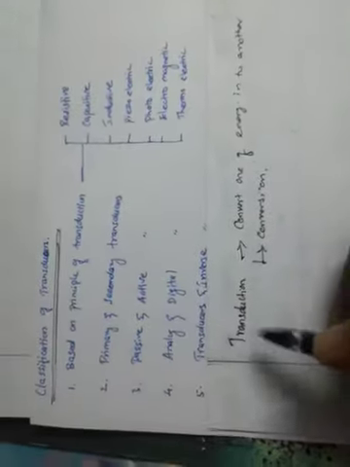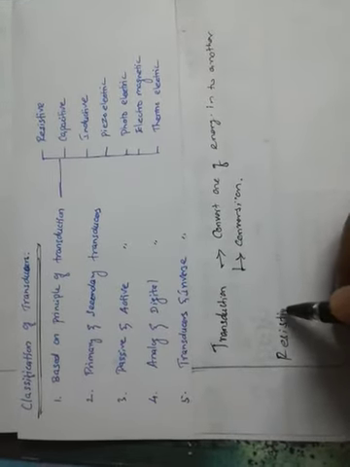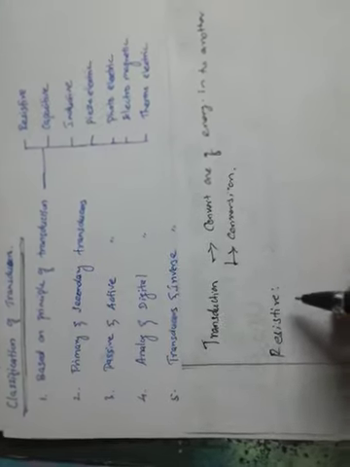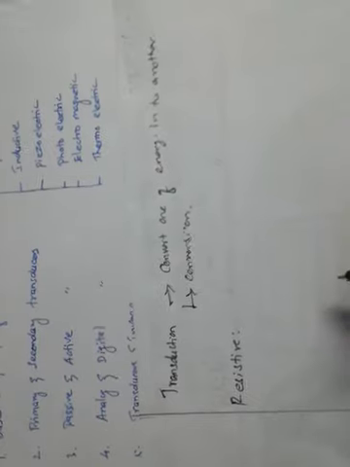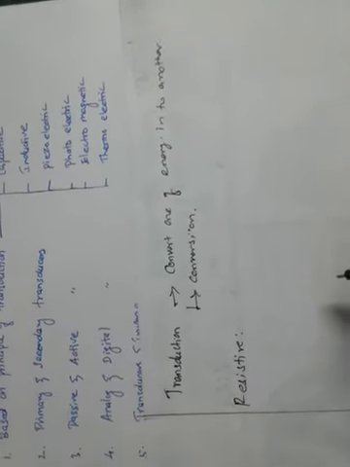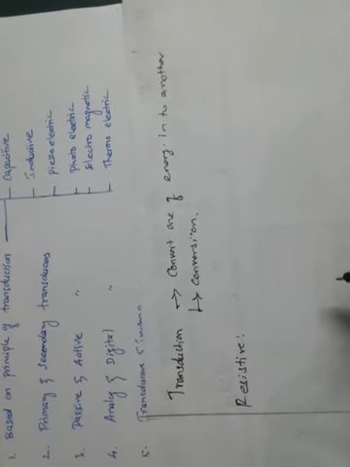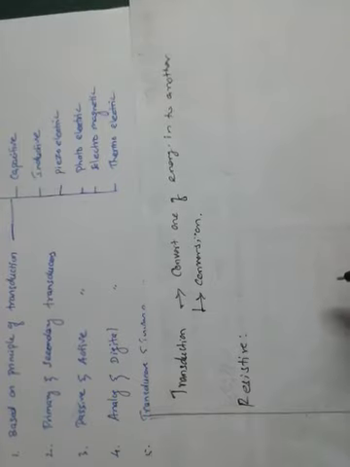So first one is resistive. A resistive transducer works on the principle of change in resistance. When the change in resistance occurs, it will produce some output.